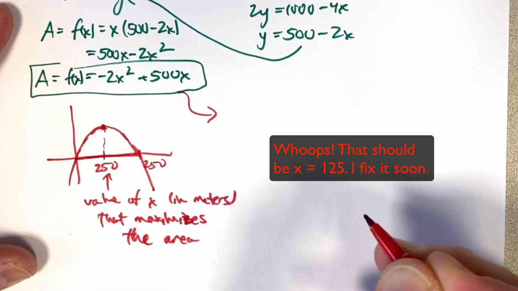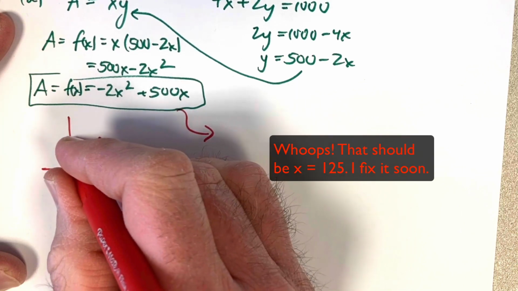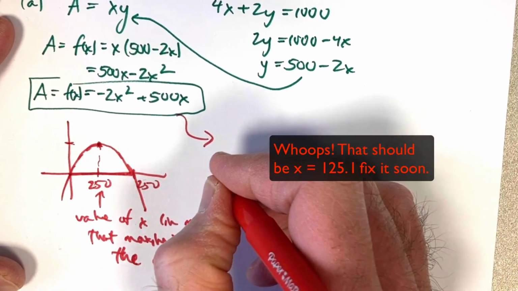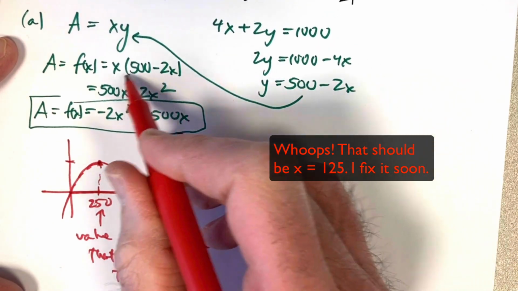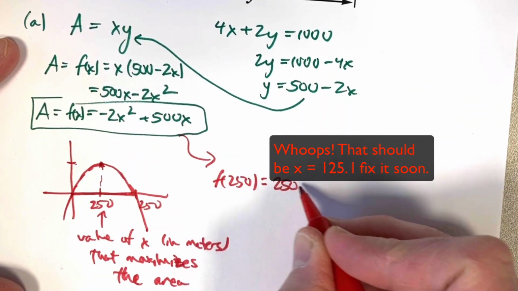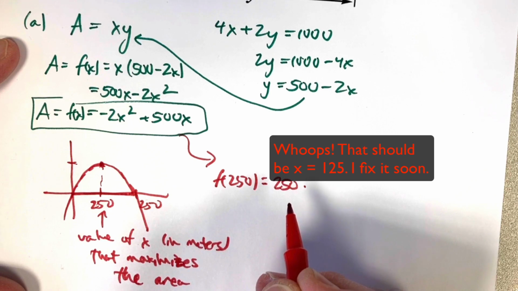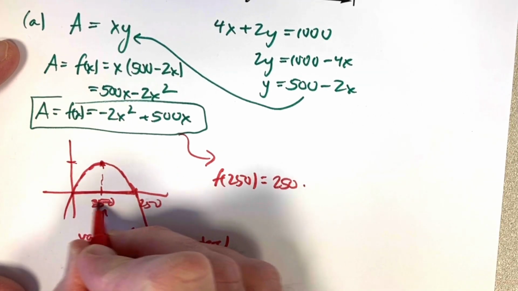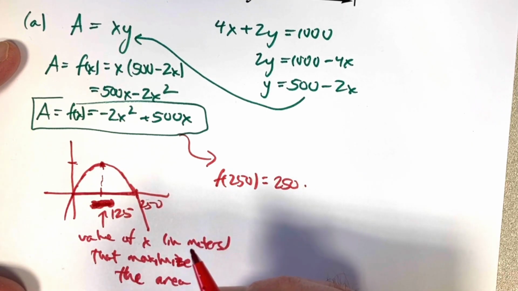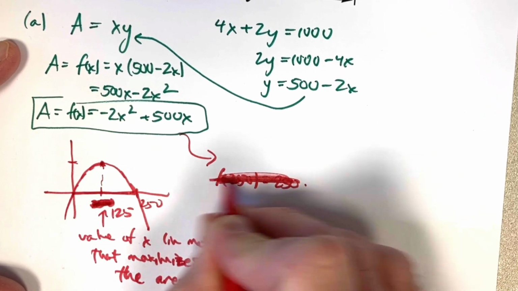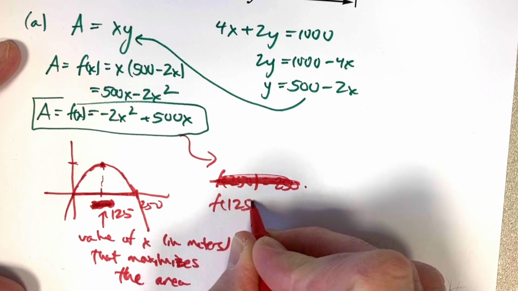What is the actual maximum area? It'd be the second coordinate at this point, the y value. I need to find f of 250. Probably easier to think about it in the factor form, actually. That'll be 250 times, I made a mistake, didn't I? 125. Made a mistake, 125. Yikes. F of 125.